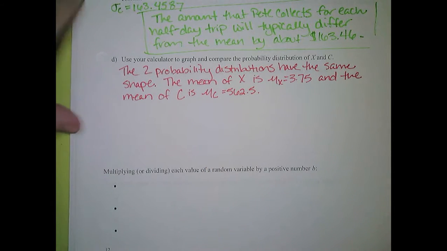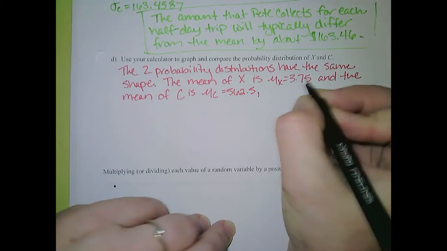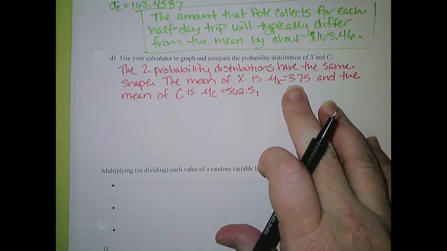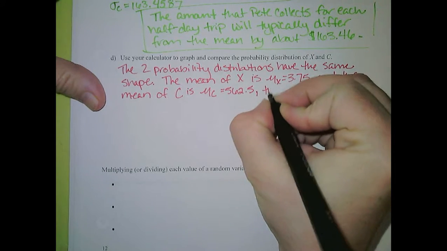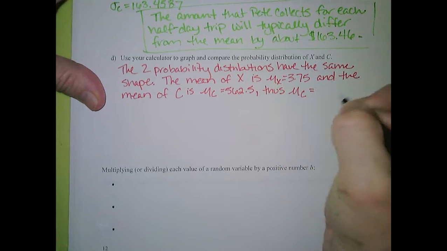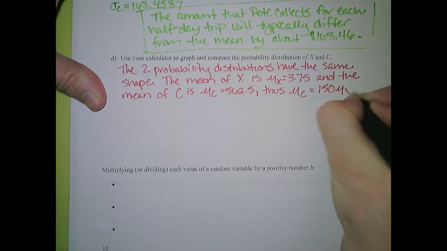So that addresses the shape, the center. And notice the relationship between those two. The mean of X was 3.75. The mean of C was 562.5. So what we ended up with is that the mean of C was actually equal to 150 times the mean of X.